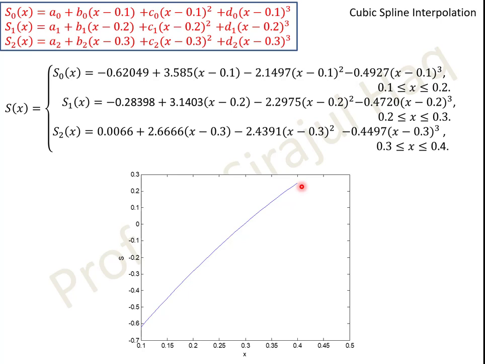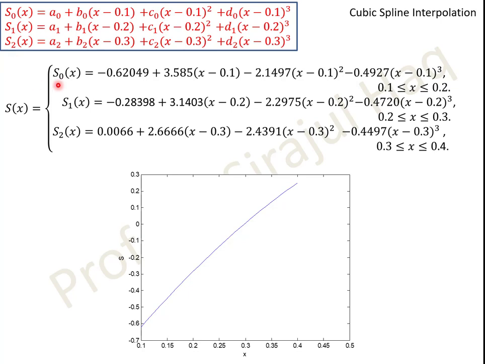For example, you are looking for the integration of your data between the initial point and the final point of the data. So the integral of f(x) dx with limits from 0.1 to 0.4 will be equal to the integral of S(x) dx with limits from 0.1 to 0.4, and now according to the criteria of calculus you have to split it into three parts.